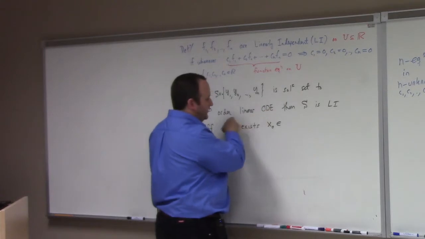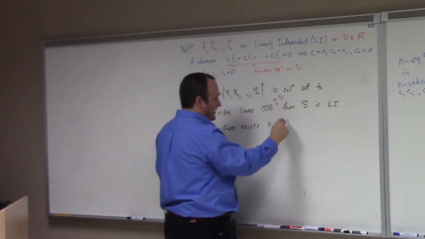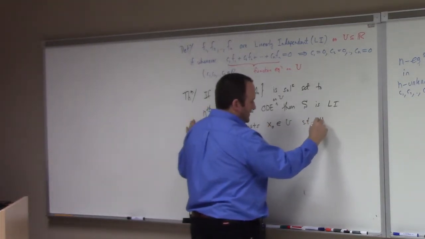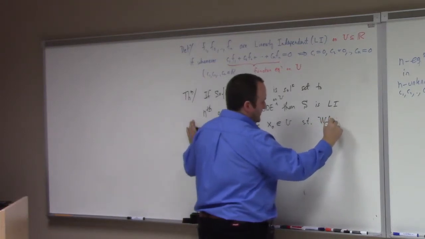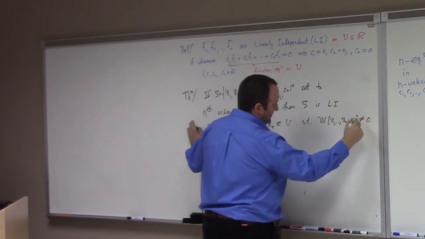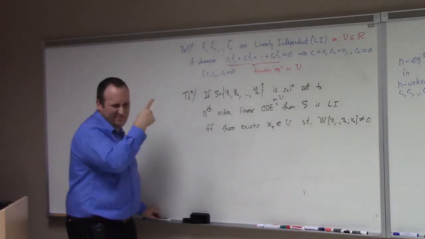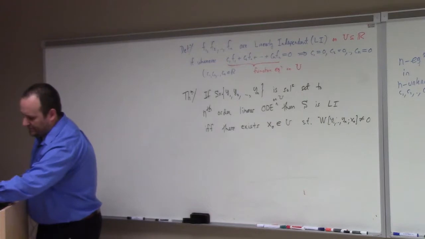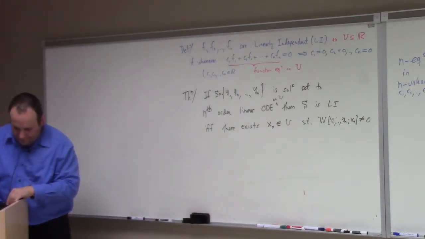Let's say that this differential equation is defined on the set U. If there exists a point in U such that the Wronskian of y1 through yn at that point x naught is not equal to 0. And I'm currently unhappy with my writing of this theorem, so let me just project it to make sure I don't have it misstated here. It's a little bit stronger than this.